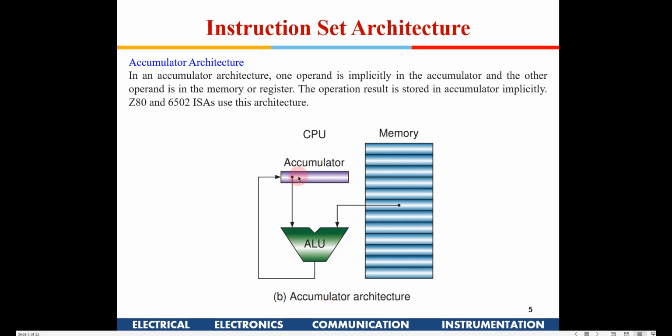This gives slightly more flexibility than the stack. From memory you can keep getting data, whereas the result will always be in the accumulator, and if required you can transfer data from the accumulator to the memory, and also from the memory to the accumulator. So this is known as accumulator architecture. The Z80 and 6502 ISAs use this kind of architecture.